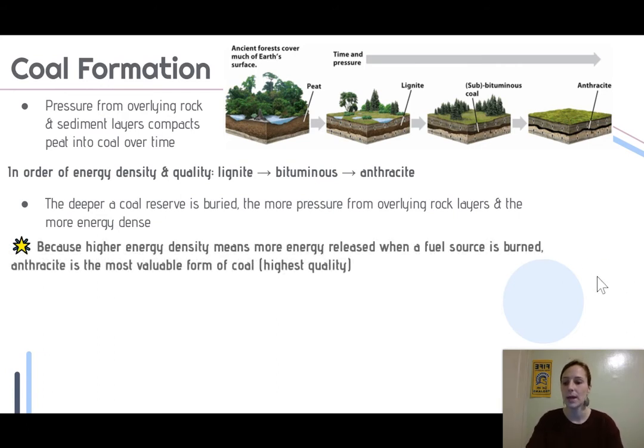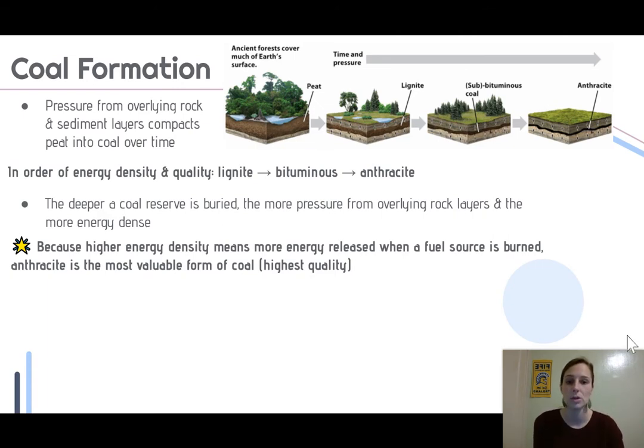Because the higher energy density means more energy is going to be released when the fuel source is burned. So this makes it so that for fuel purposes, anthracite is going to be the most valuable form of coal because it is the highest quality. So when you have ones that are more energy dense, when it is burned, that means it's going to be releasing more energy.